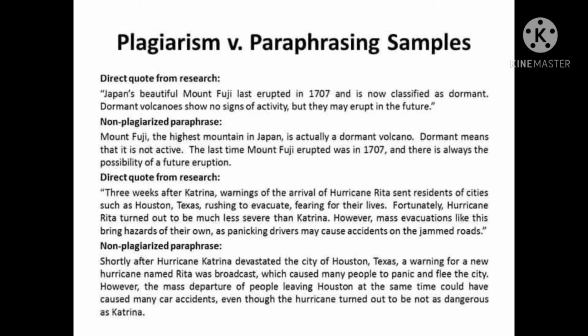Fortunately, Hurricane Rita turned out to be much less severe than Katrina. However, mass evacuation like this brings hazards of its own, as panicking drivers may cause accidents on the same road.